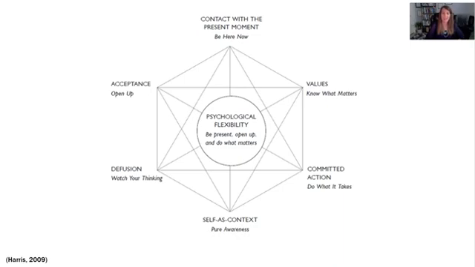And it's interesting, the more you read and hear presentations about ACT, you're going to see that different authors or people argue for a different order of these 6 in terms of which one comes first. Do you start right up at 12 o'clock? Do you start with values or somewhere else? And so sometimes acceptance and diffusion come first.